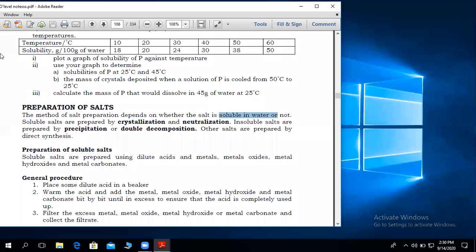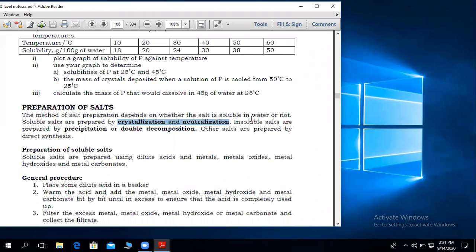So, soluble salts that dissolve in water are prepared by crystallization and neutralization. You know, from senior one, we looked at a method of fractional crystallization, whereby we said it is used to separate components of a mixture which have different solubilities.